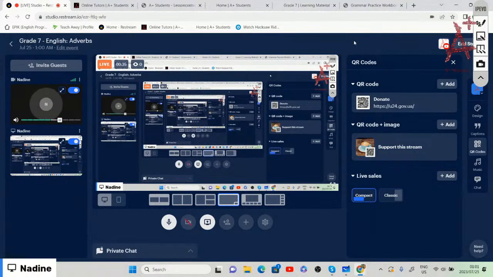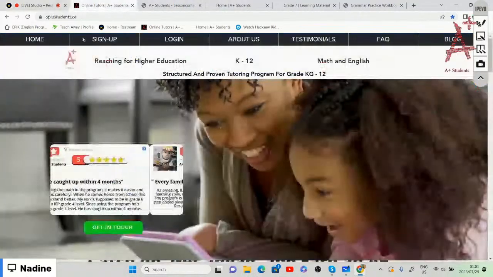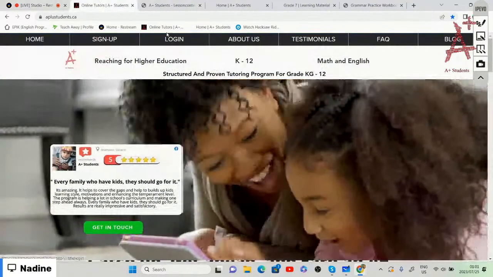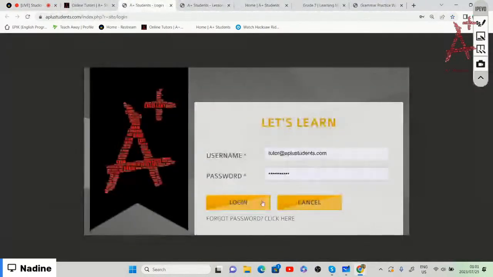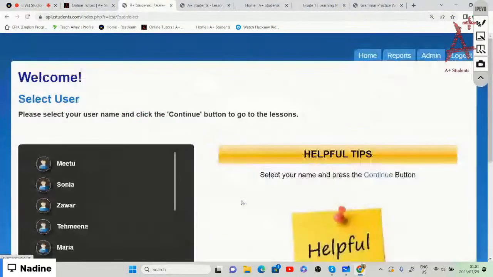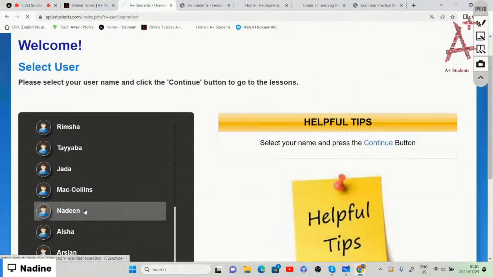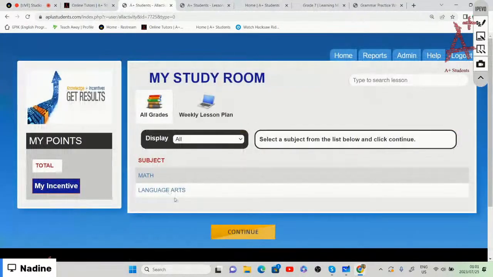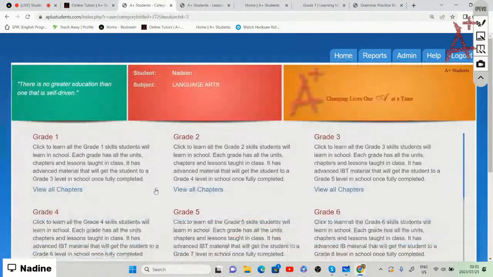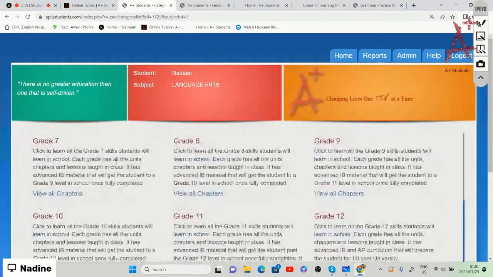Once we've gone there, you're going to log in with your username as well as your password. You're going to scroll down. Then we're going to select the subject of language arts, and then we go to grade 7.